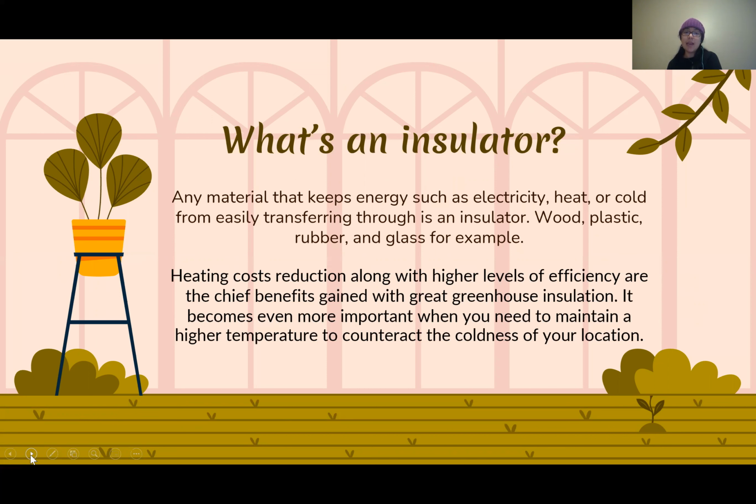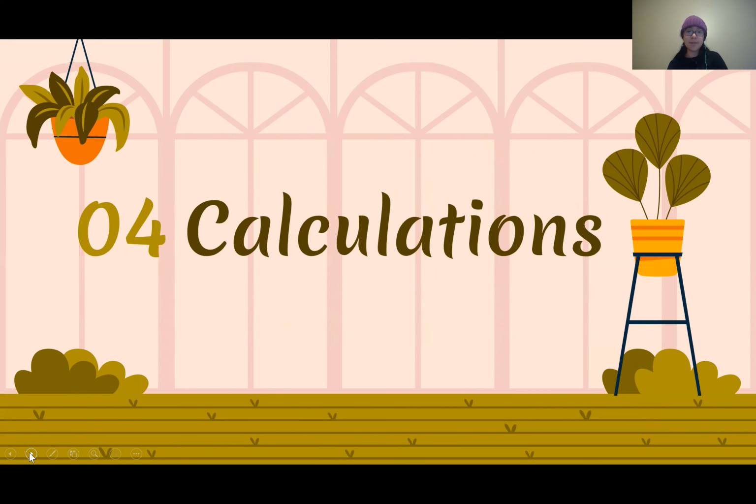Insulation becomes more important when you need to maintain a higher temperature to counteract the coldness of your location. For example, Edmonton is really cold in the winter, so you must have really good insulators so you keep the temperature properly inside the greenhouse and it doesn't get too cold, so the plants won't die.